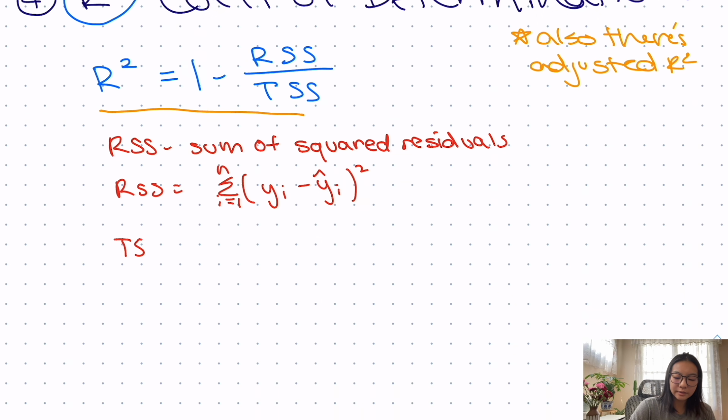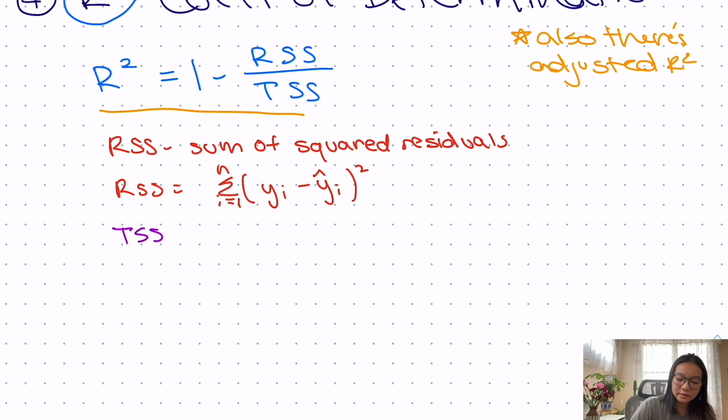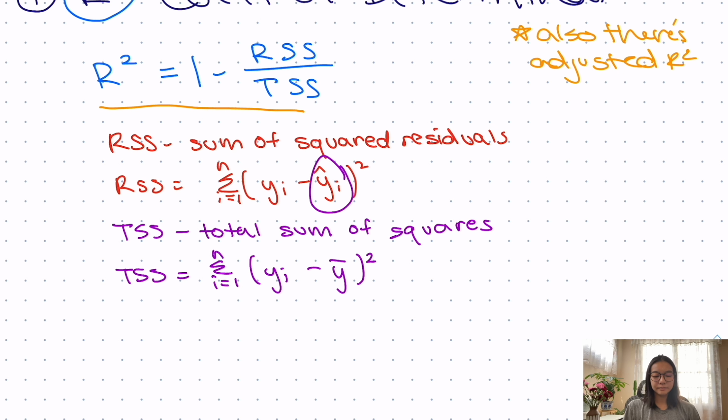Now TSS, let me actually use a different color for that. TSS is the total sum of squares. What that means is that instead of being with respect to this prediction, we are instead going to take each y value, subtract the mean of all the y values, and square that.